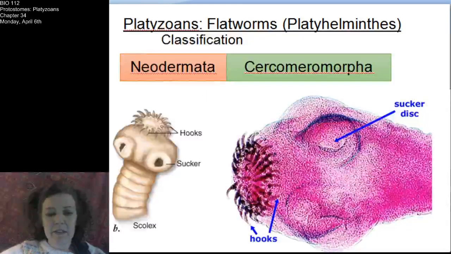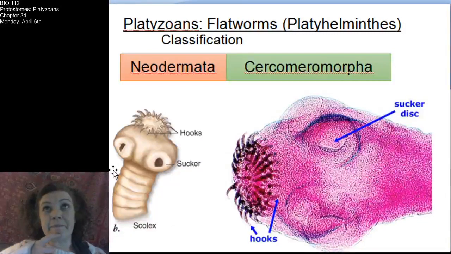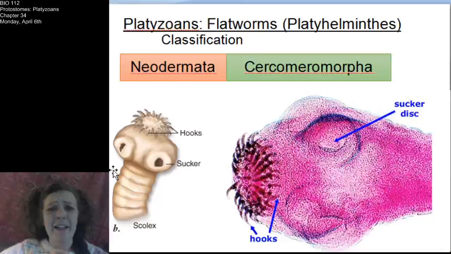So here again is the scolex. This is the top with the neck, but this is the scolex. We have a really beautiful model of a tapeworm scolex that I bought for the lab. So I hope you guys will come by and ask to see some of this stuff next year.